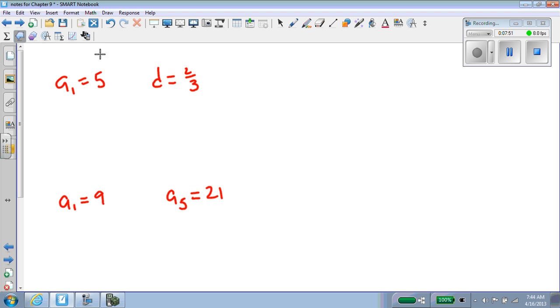Okay, what if someone tells me that the first term is 5 and the common difference is 2/3? A sub n is equal to 2/3 n plus, well, if I'm adding 2/3, if I subtract 2/3, I get 4 and 1/3. What if someone told me the first term is 9 and the fifth term is 21? You may want to pause the video and see what you would do with that.